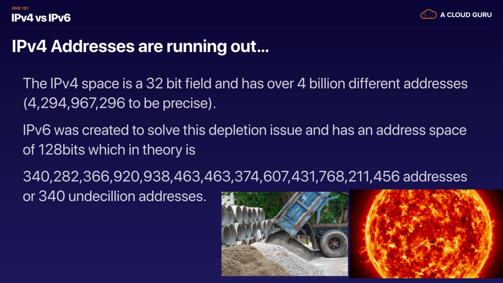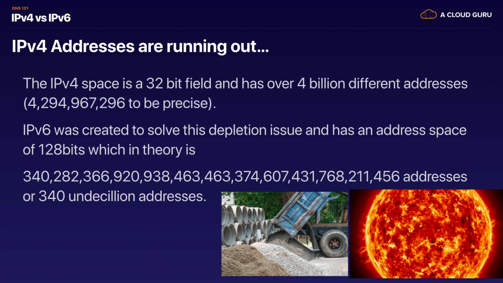Nowadays, everyone's mobile phone, computer, fridge, and Alexa all have unique independent IP addresses, and we've just run out of space. To help you visualize this, imagine that each IPv4 address is a single grain of sand. If you were to take all the IPv4 addresses and add them up together, they would be enough to fill a dump truck.